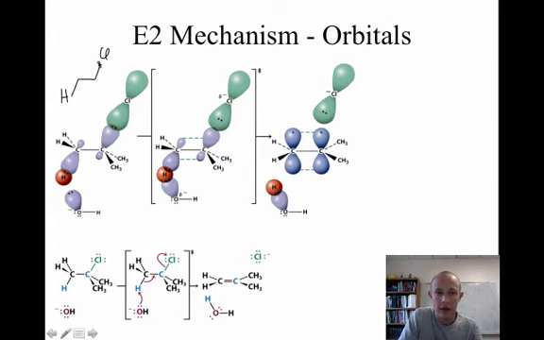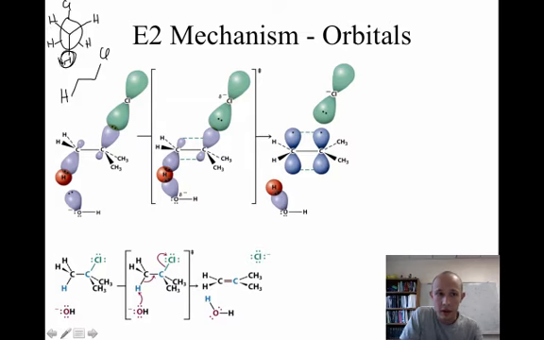The hydrogen and the chlorine are anti to one another. If we draw a Newman projection, in the back we have chlorine and hydrogen, and in the front we have hydrogen, hydrogen, hydrogen.